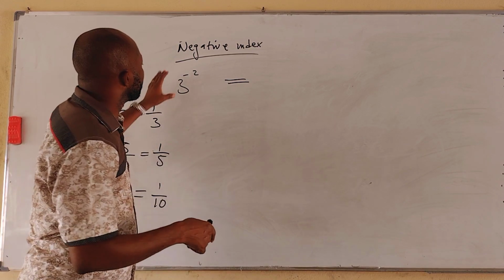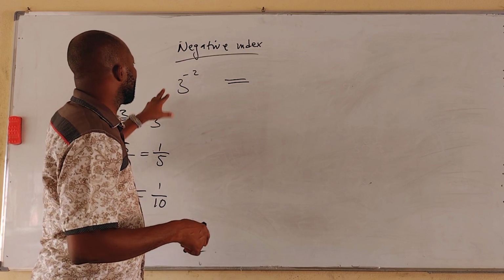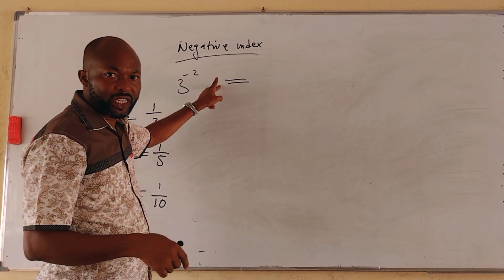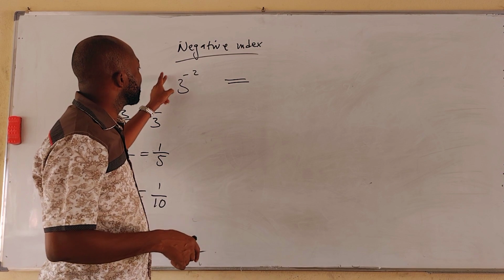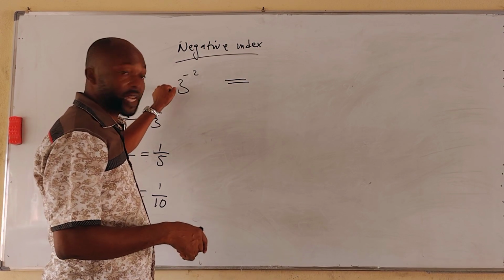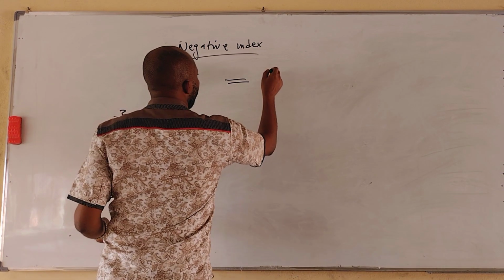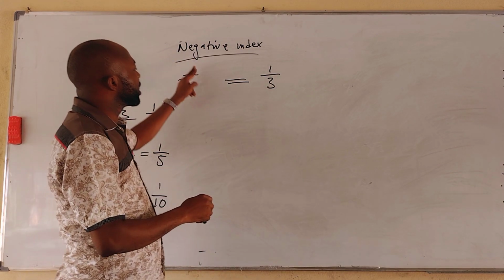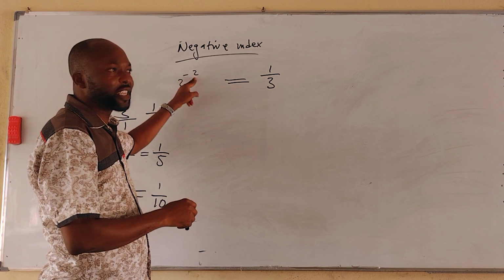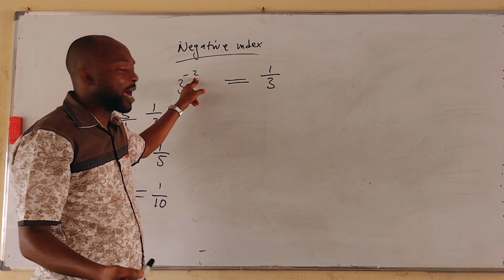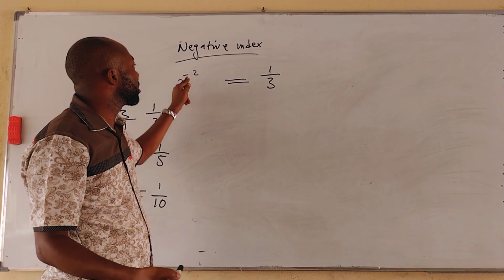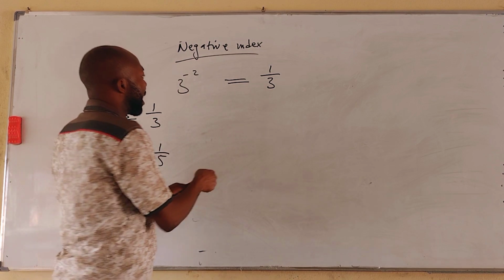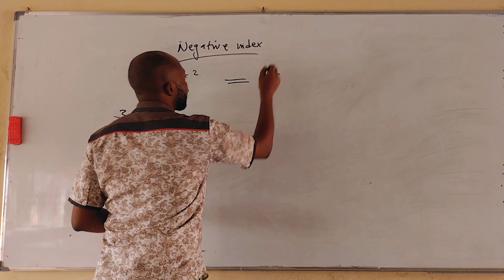Okay, now, I want to put it down. 3 is raised to a negative index. Now, what is it? It is equal to the reciprocal of 3, which is now 1 over 3, raised to the same positive index. What is the negative index before? It was minus 2. And I say raised to the same positive index, it becomes plus 2. So I put 2 here, raised to the power 2.